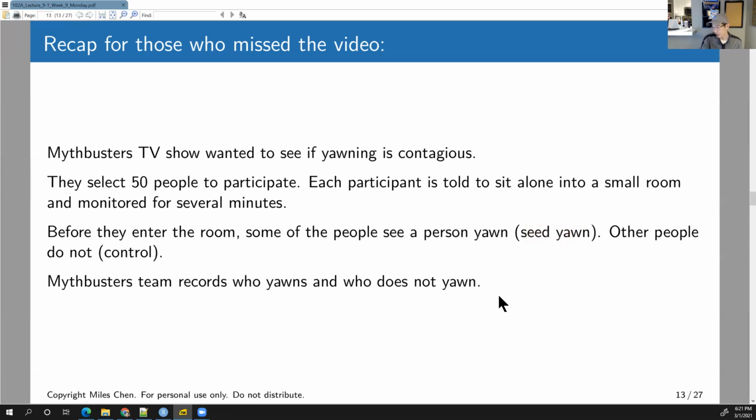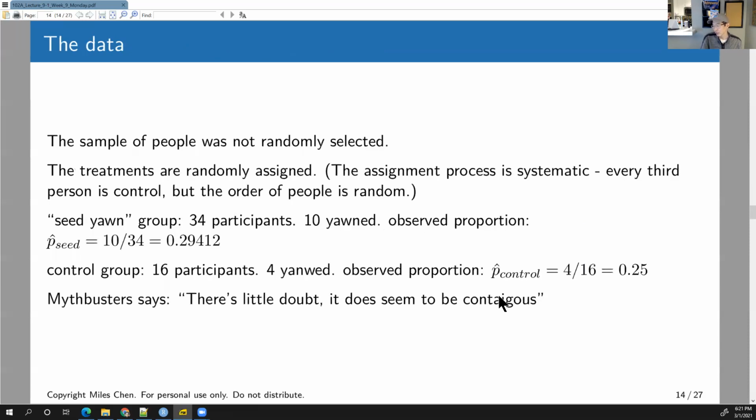Then the team watching on video cameras recorded who yawned and who didn't. They said, we had a sample of 50, and in the group where they saw the seed yawn, 29% ended up yawning. And in the control group where they didn't see anybody yawn, only 25% of those people ended up yawning.